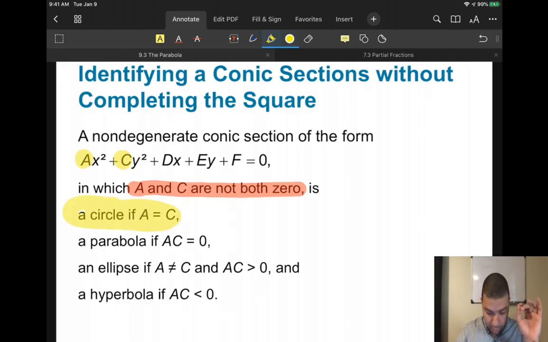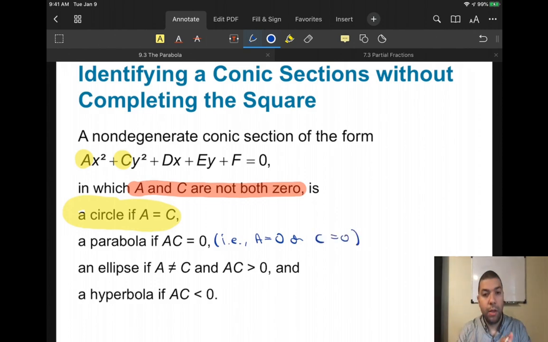If one of them is 0, so again, they can't be 0 at the same time, so one of them is 0, the other is non-zero. So let's say only x squared shows up, but y squared doesn't show up, then that's a parabola.